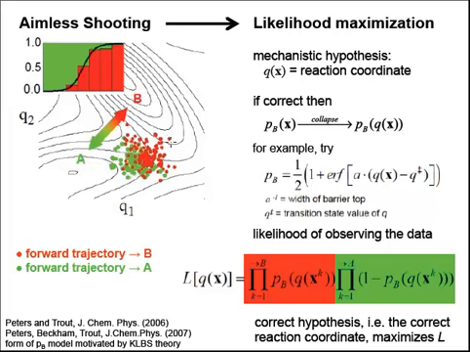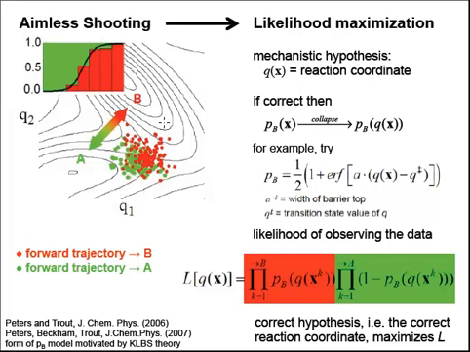Okay, so if you see a point that's colored red here, that means that I did a shooting move there, and that the trajectory that resulted from that shooting move went in forward time back to B. And where you see points that are colored green, there was a shooting move executed, and the forward trajectory went on to A. Okay, so there's a clear trend where these points change color as they go from green to red. You're moving in this direction across the saddle point on this simple two-dimensional energy landscape.